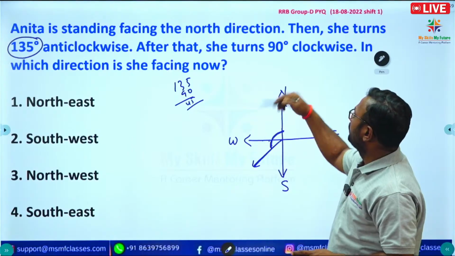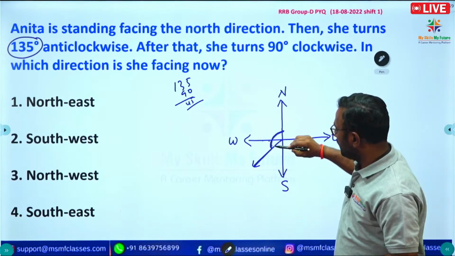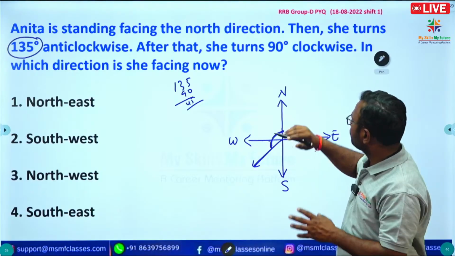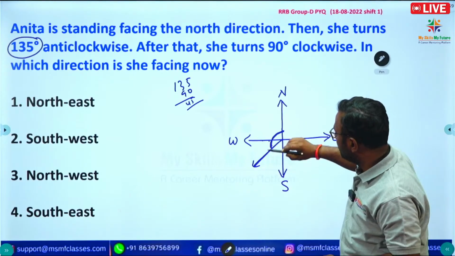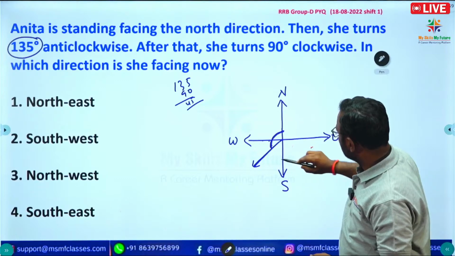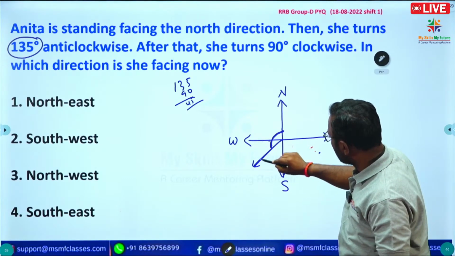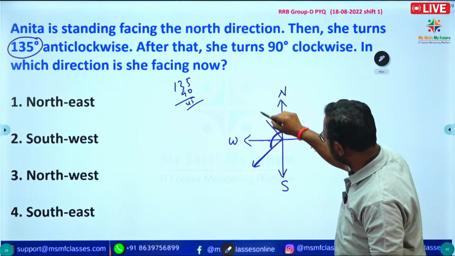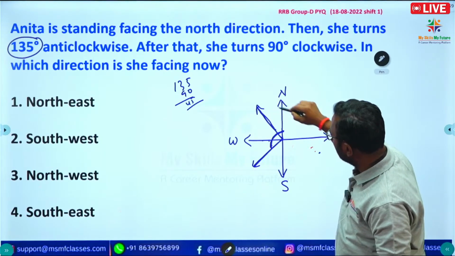Then after that she turns 90 degrees clockwise. From here to here she turns 90 degrees clockwise, in this direction. So exactly the line will cut here. This is the line, 90 degrees.